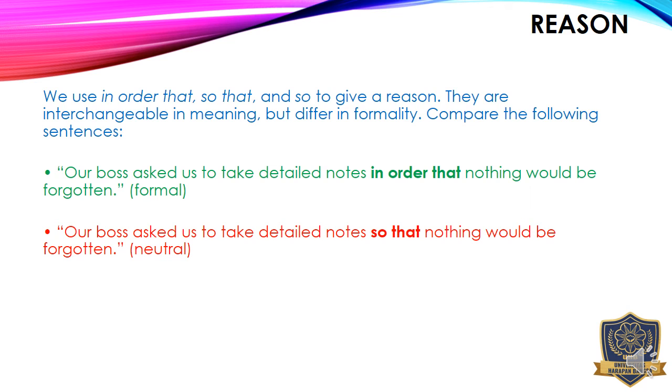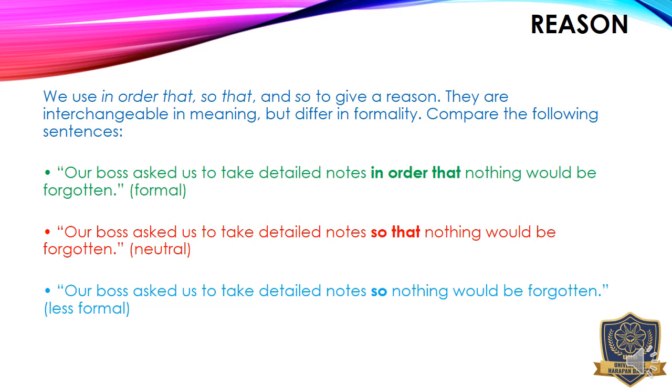Our boss asked us to take detailed notes so that nothing would be forgotten. It sounds neutral. Our boss asked us to take detailed notes so nothing would be forgotten. Less formal. That's what makes in order that, so that, and so different. Formal, neutral, and less formal.